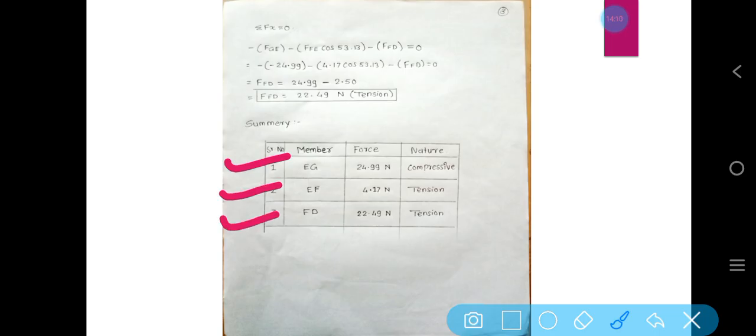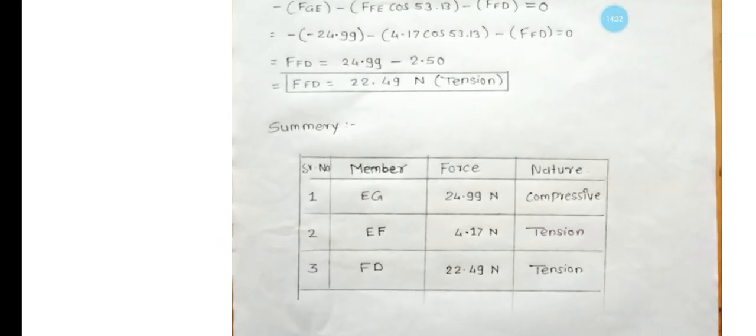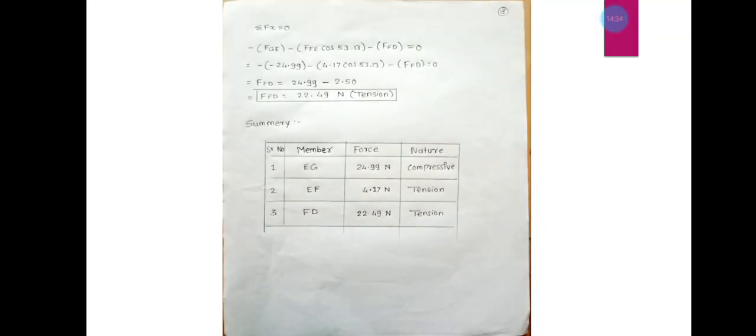So we can calculate it as EG is equal to 24.99 as a compression, and EF is equal to 4.70 Newton tension, and FD is equal to 22.49, which is tension. So this is the answer of the given question, in which we can calculate the forces in the given members.